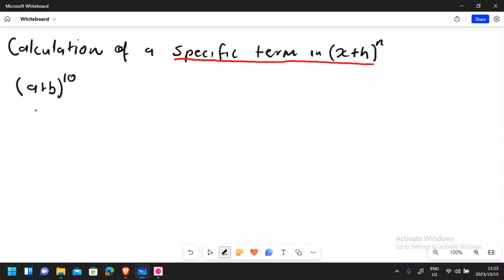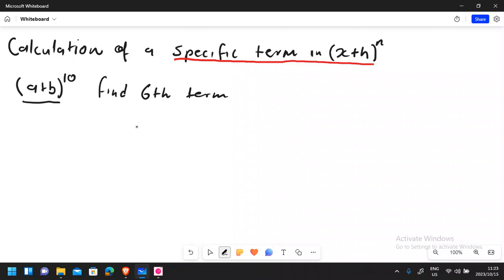Now for this expression, they are asking you to find the sixth term. So they want you to find the sixth term of the following expression here.